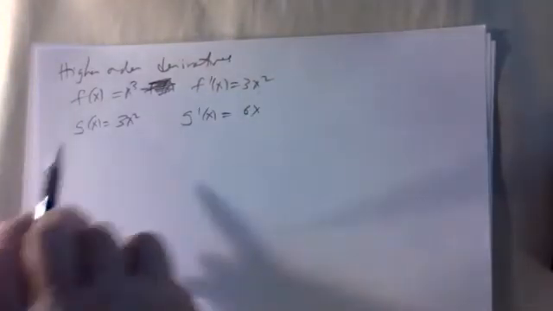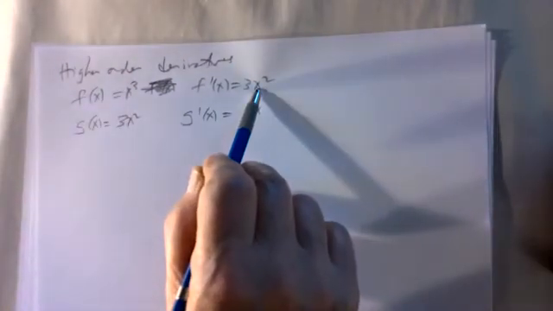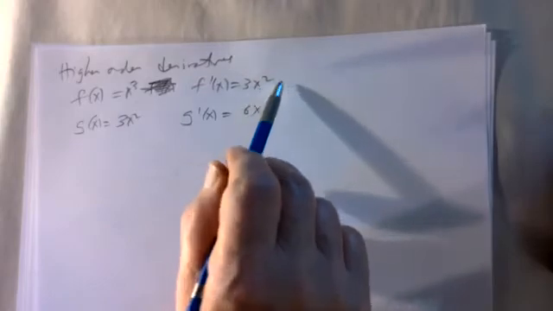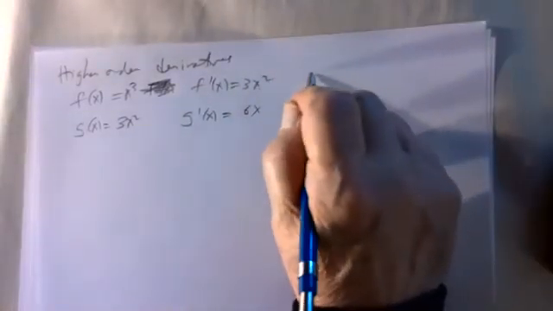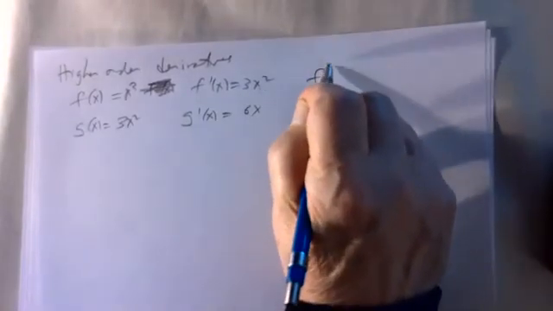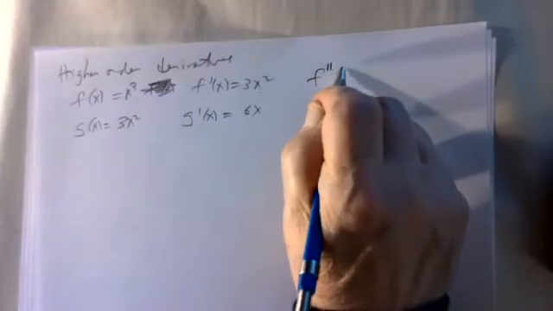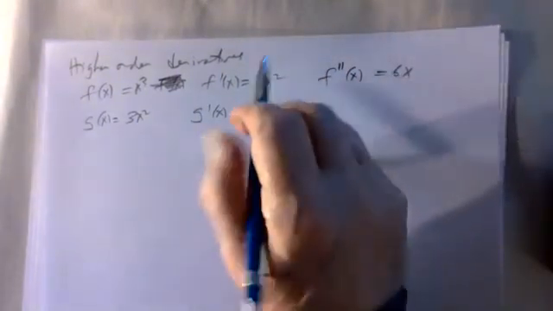But of course, what you're really doing is you're taking f, differentiating it once to get 3x squared, and then differentiating it a second time to get 6x. So you can also say that if you take f and you differentiate twice, the second derivative is 6x.